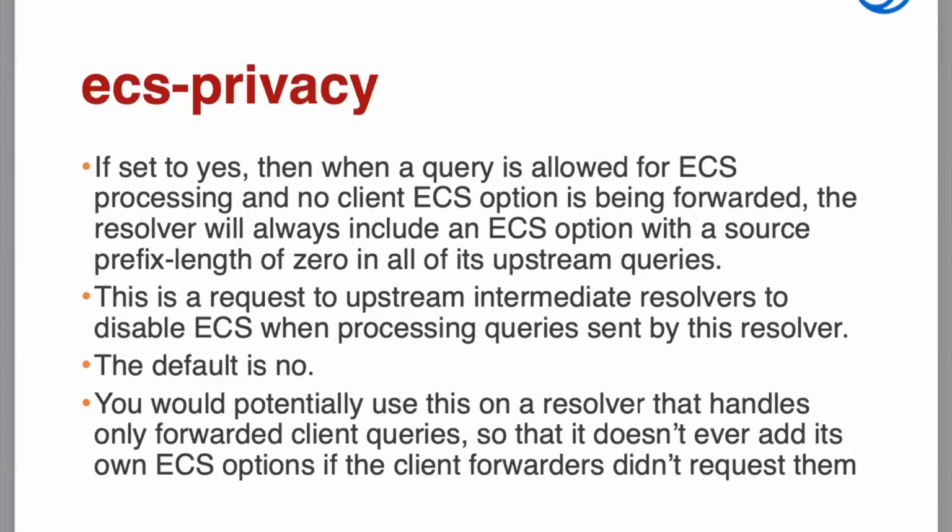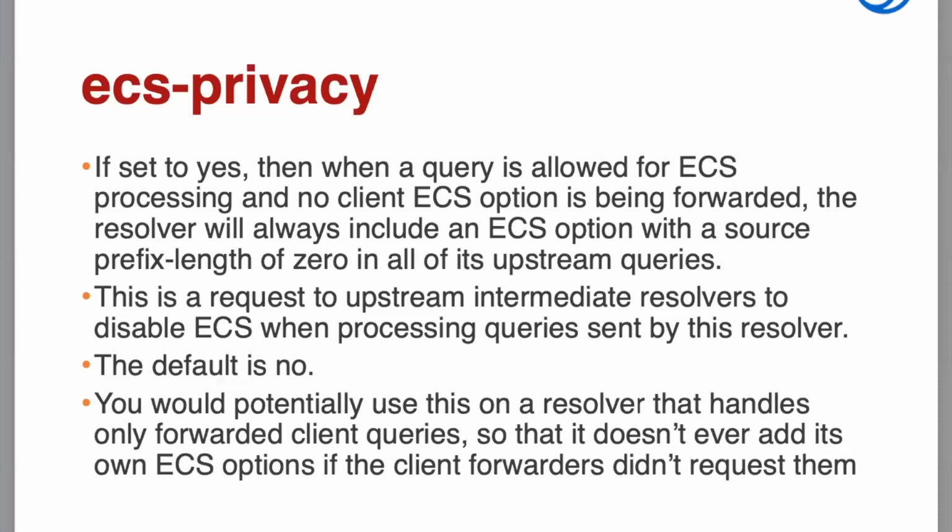If we are allowed to do ECS for this client query, but there is no ECS option on the client query, so if we're doing forwarding and we would normally do forwarding of client ECS, and we receive a query that has no ECS on it at all, then it's down to us to do the ECS options.